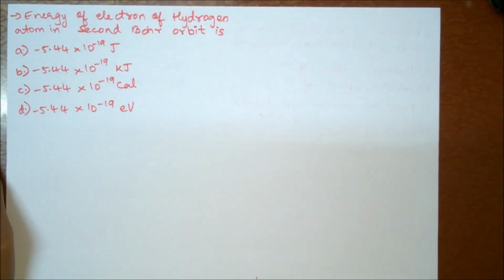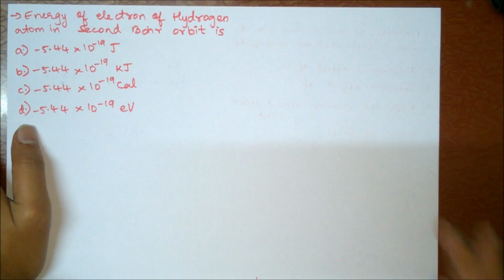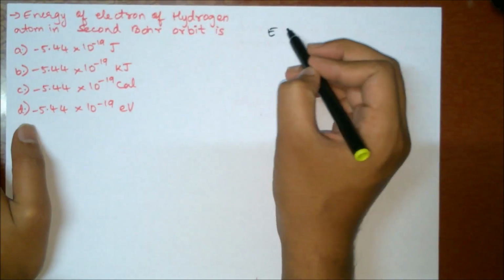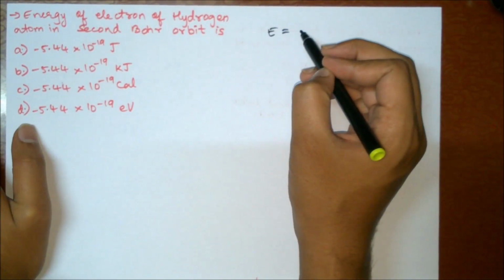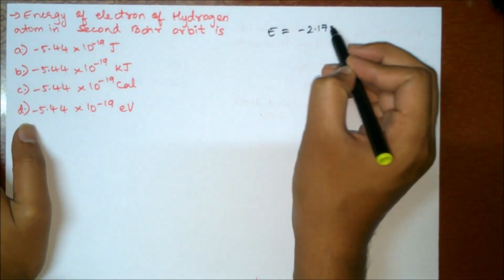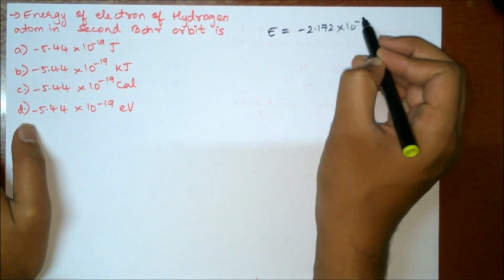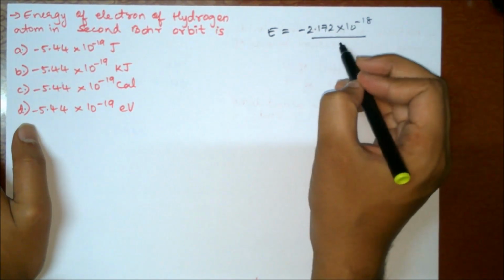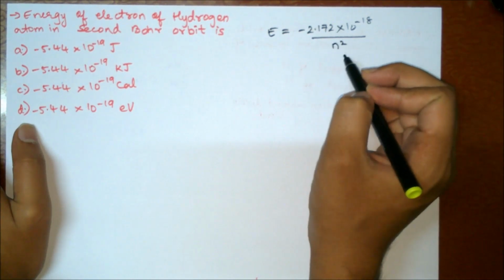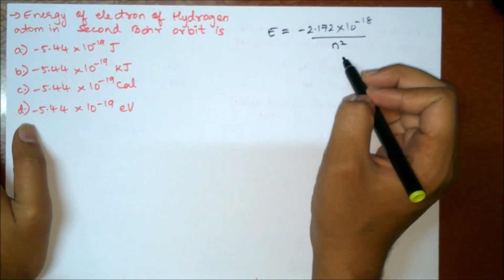Energy of electron of hydrogen atom in second Bohr orbit is. So the basic formula for energy of electron is equal to minus 2.172 × 10^-18 divided by n square, where n is the number of the orbit in which the electron is.